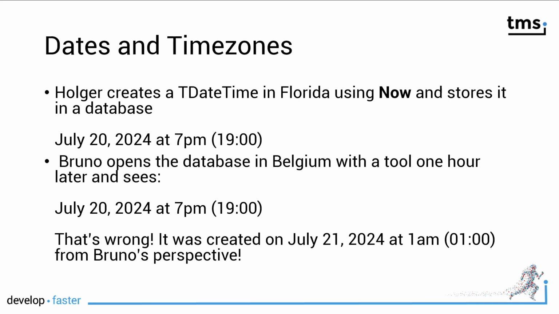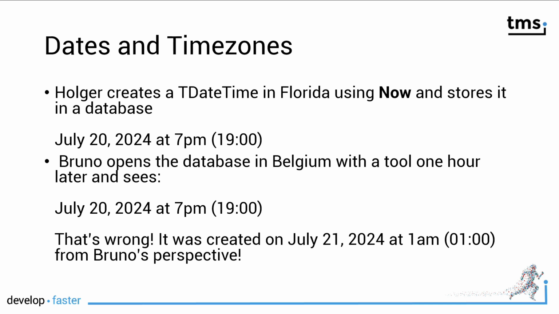So the value that Now returns and that I will store in the database is going to be July 20th, 2024 at 7 p.m., or 1900 hours. So now, an hour later, Bruno in Belgium opens the same database and reads the date value out of the database.